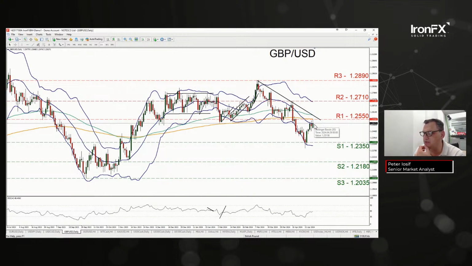I wouldn't be surprised to see the price action rising even further, maybe tomorrow hitting on the downward trend line and then correcting lower. On the other hand, should the bulls take over, I would require the pair to breach the 1.2550, breach the downward trend line, signaling the end of the downward motion, and start aiming for the R2 1.2710.